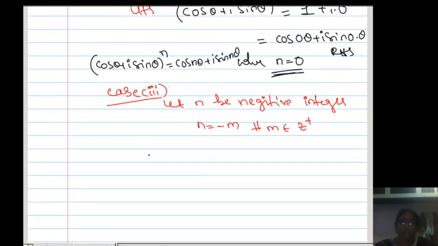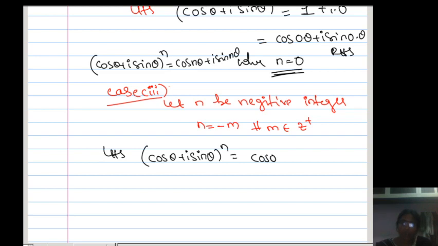I want to prove again the given statement, (cos theta + i sin theta) whole power n is equal to cos n theta plus i sin n theta, where n equal to minus m, a negative integer, with m a positive integer. For that I take the LHS: (cos theta + i sin theta) whole power n, and n here is minus m.